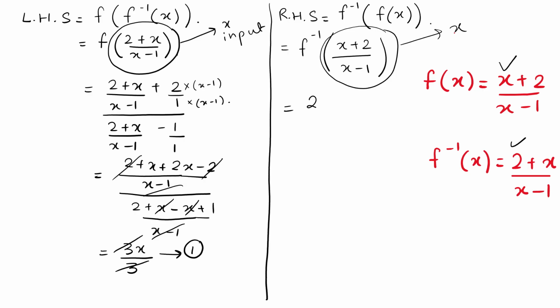So we replace x with this new value, which is 2 plus x plus 2 over x minus 1, whole divided by x plus 2 over x minus 1 minus 1.